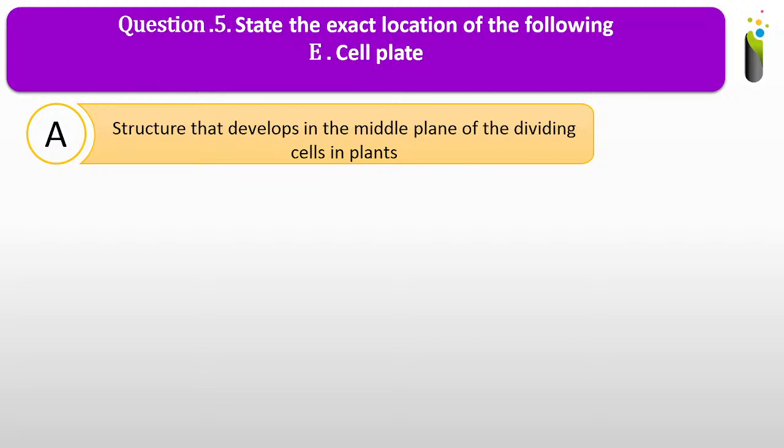Please remember, cytokinesis in plants takes place by cell plate formation, whereas cytokinesis in animals occurs by formation of a furrow, which is also called an indentation or at times a constriction.